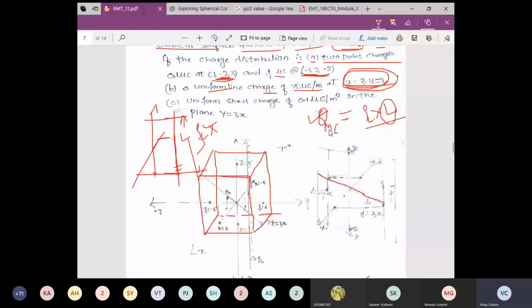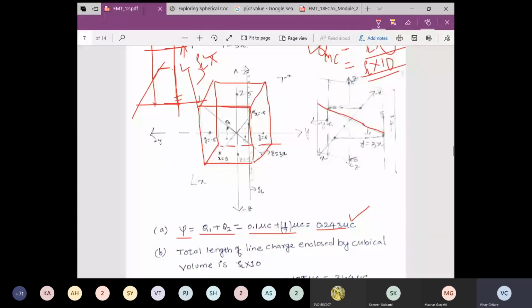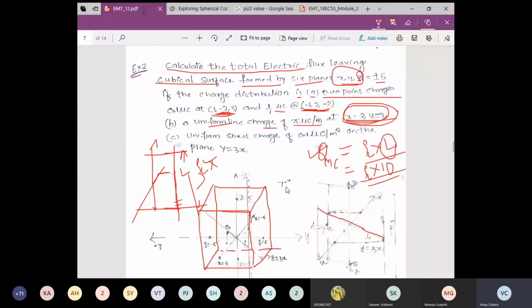So now what is that final thing? The answer, Q enclosed inside the closed surface, is rho L into 10. That is what is being shown. The first thing we found is that the line charge is inside the cubical surface, and we need to find what portion of the length of the line charge is inside it.